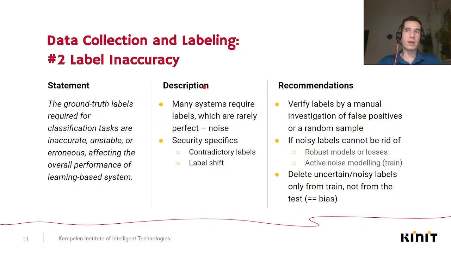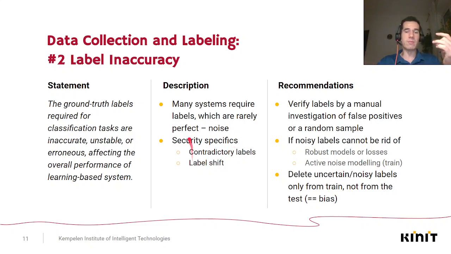In supervised learning we need labels, but they are rarely perfect due to noise and labeling issues. This is very complicated in cybersecurity, of course, because it may be hard to tell whether the sample is malicious or not, even for the cybersecurity professional. For example, malware, binary files, or network traces, and so on.